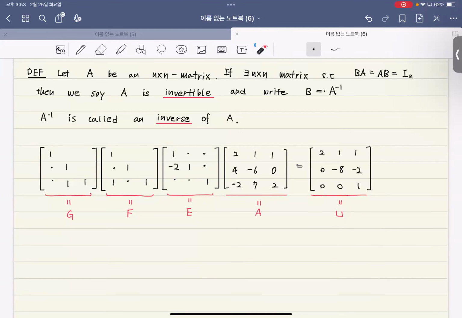But you should be able to see that these three matrices have inverse matrices. So this is my matrix equation, GFEA equals U. But what if I multiply E inverse times F inverse times G inverse to the left of this matrix equation?